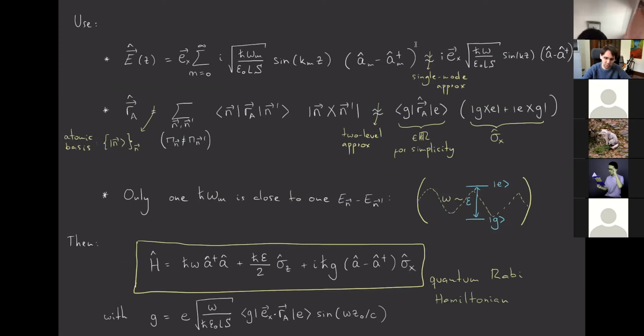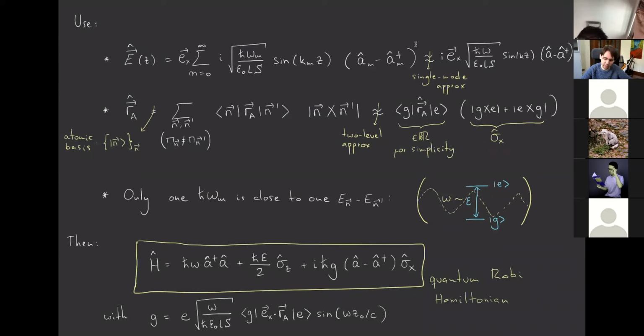Then in those conditions, we can forget about all modes but one, and the electric field inside the cavity for that specific mode can be written in this way, which is just proportional to the annihilation and creation operators. And of course, the relative coordinate of the atom can be written just as a Pauli X operator, okay?